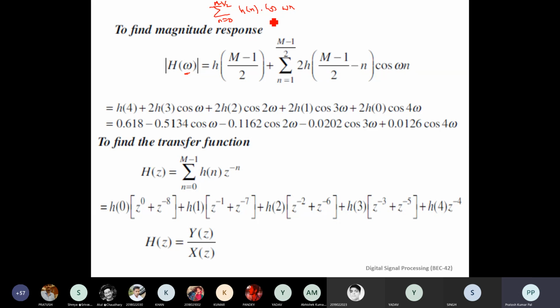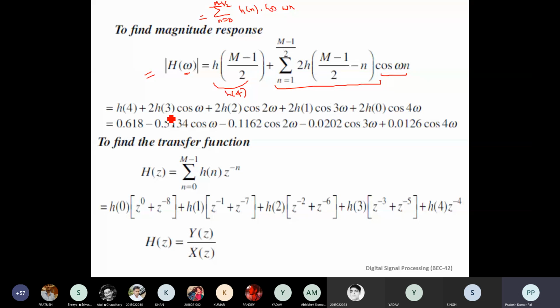This is the general magnitude response, but here it is symmetrical along n equals 4, so the symmetrical values are combined together: 2 times h of n multiplied by cos omega n, and h of 4 has a separate value. This will be the expression to find the magnitude response.